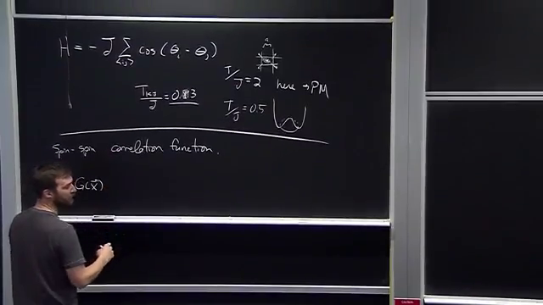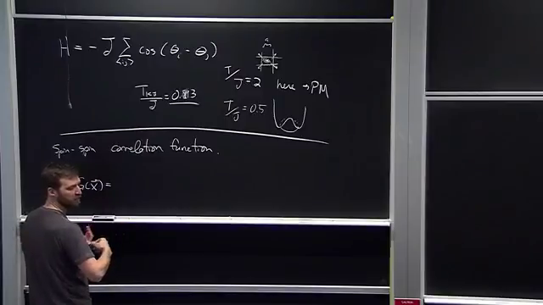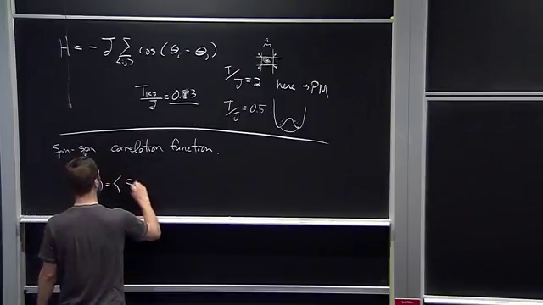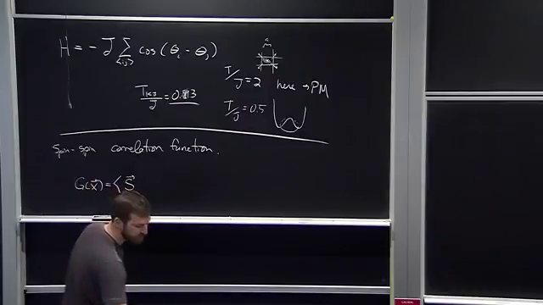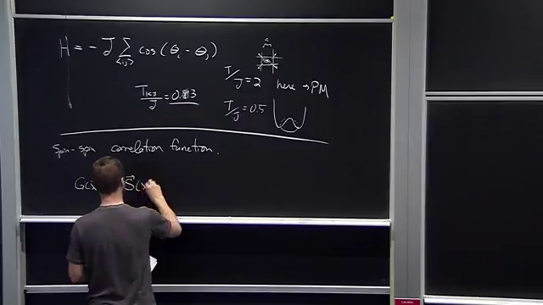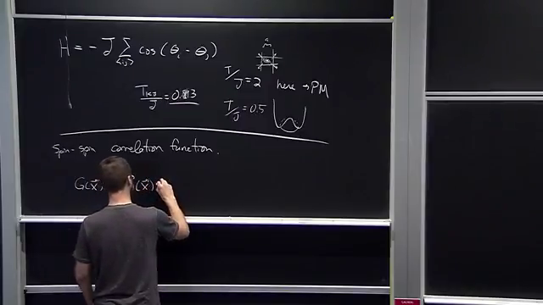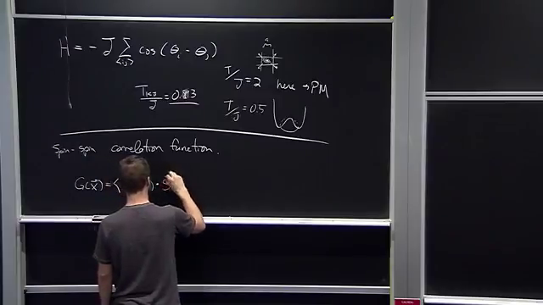Those thetas came from, remember I have Sx and Sy components. So let's just calculate the spin-spin correlation function, which I'll define like this. S x equals 0.